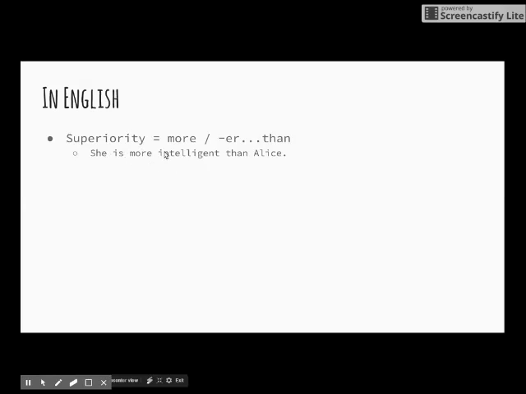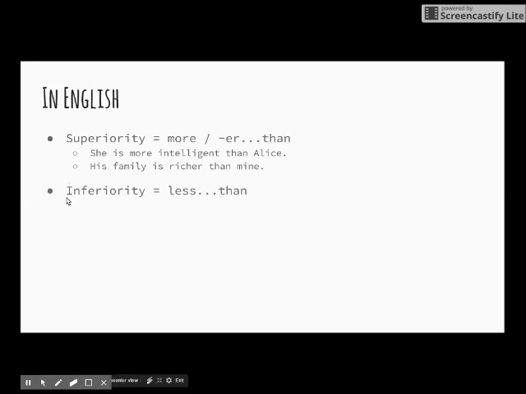So again, showing that superiority, she is more intelligent than Alice. His family is richer than mine. So our adjective was rich. To make it part of the superiority, we add er to the end. His family is richer than mine.